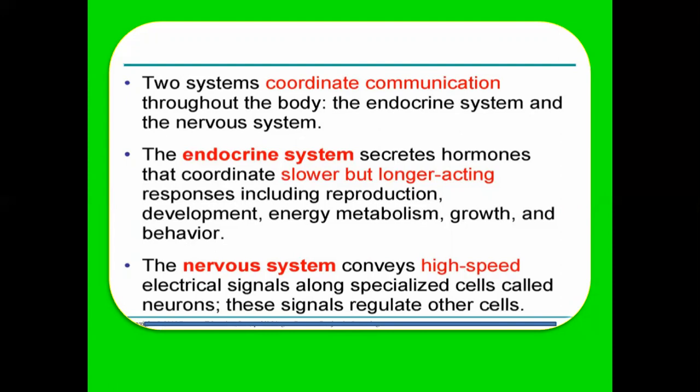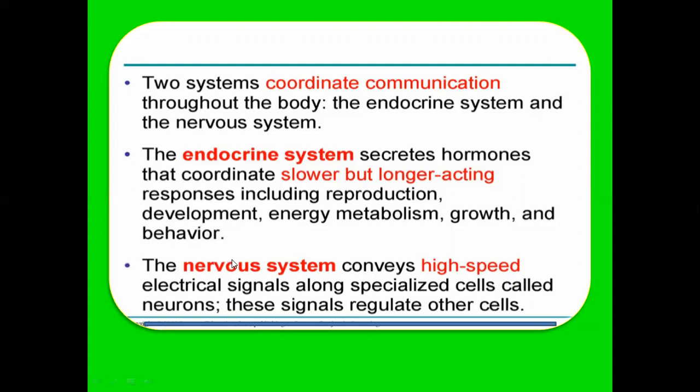In plants there is only one type of coordination, that is chemical coordination, which is carried out by chemical substances, and these substances are hormones.